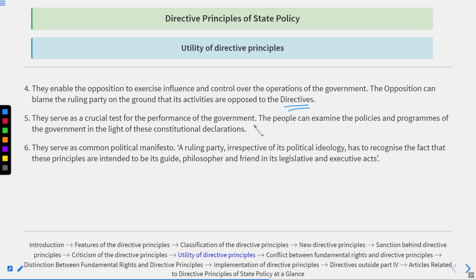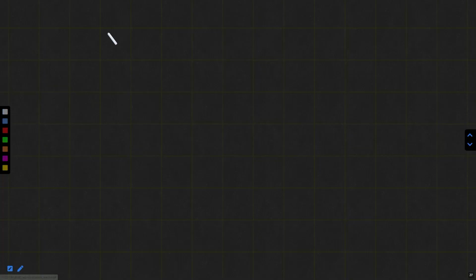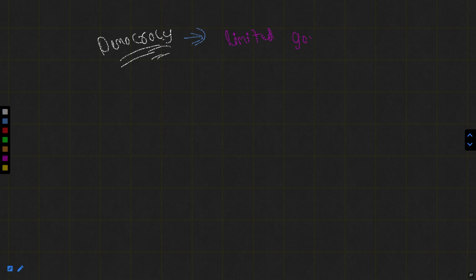So basically, we know that when we talk about democracy, right? Whenever we talk about democracy, democracy has the concept of limited government, right?